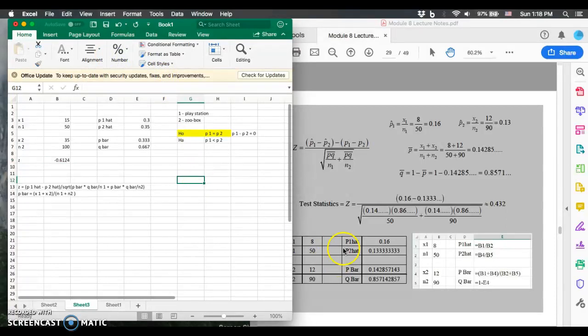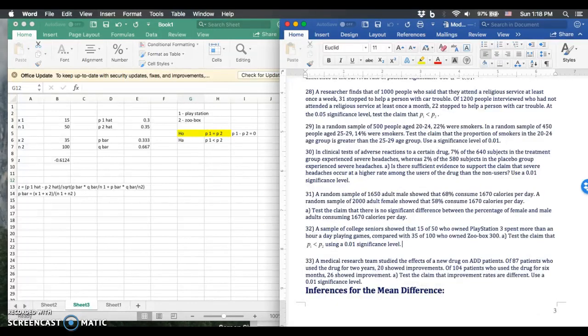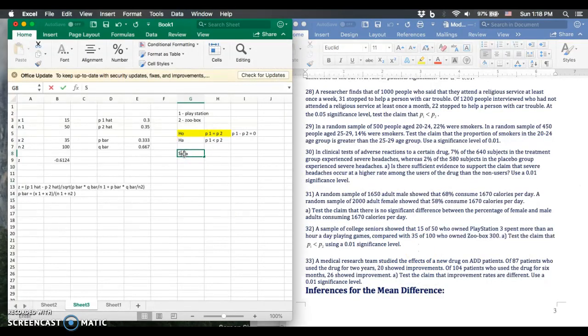Then the question is talking about using a 0.01 significance level. So alpha is going to be 0.01.